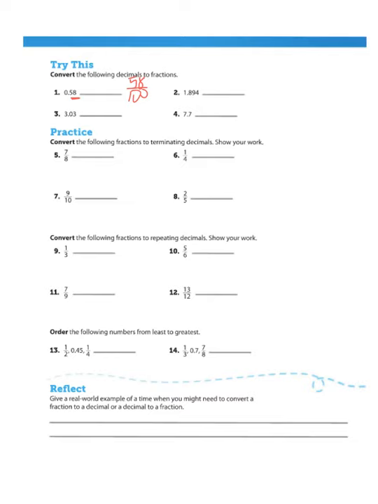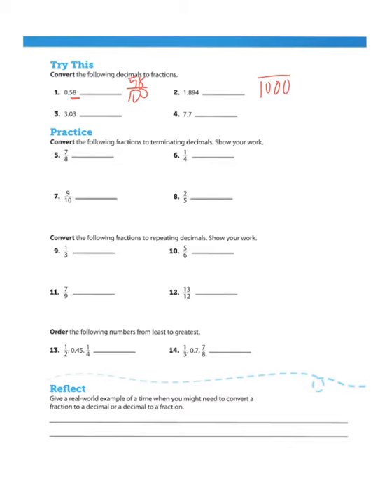Number 2, for our denominator, we're going to look at our place value. So we have ones, tens, hundreds, thousands. I'm in the thousands place value, so my denominator is going to be 1,000.